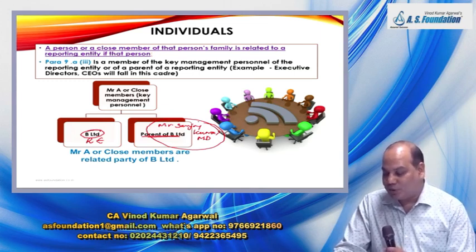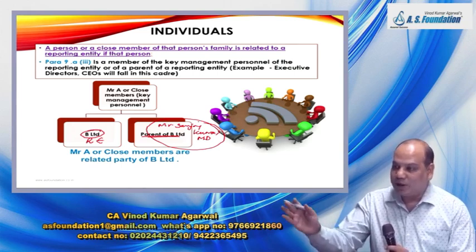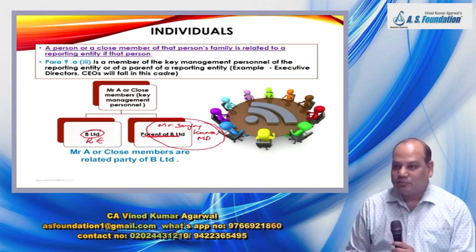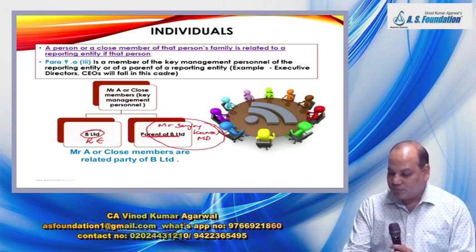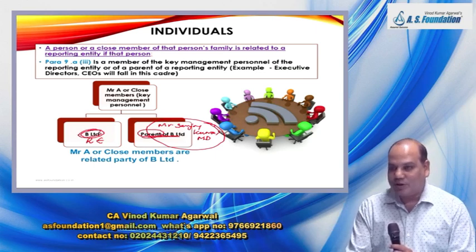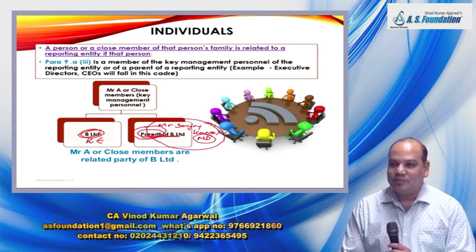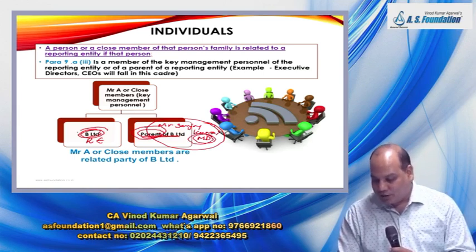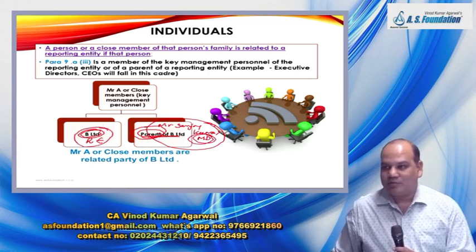But why have they put a CEO, CFO, MD of a parent company as a related party of the subsidiary? Because again, the parent is the boss of the subsidiary, and the MD is the boss of the parent company. So of course this MD can direct this subsidiary.